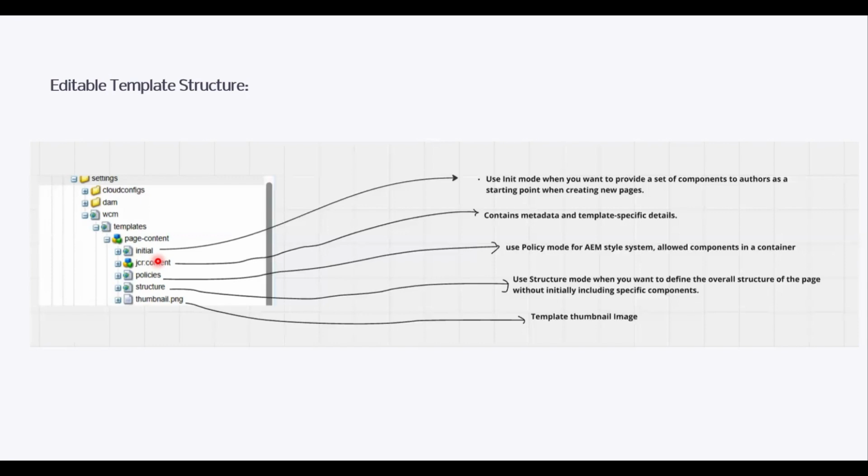I mean to say components and different things, so that while creating the pages, that content will be available throughout the whole pages. Suppose in different pages we need a header and footer. Those components we add in initial content, so that when we create the pages, they will be available throughout.